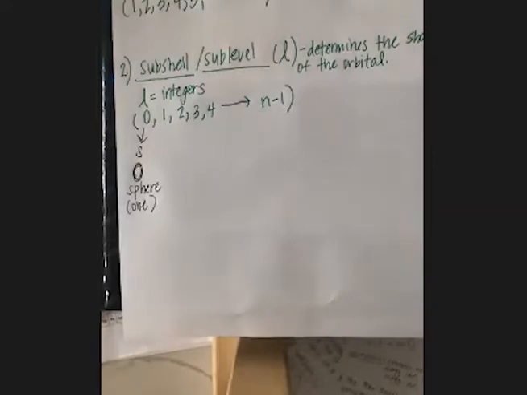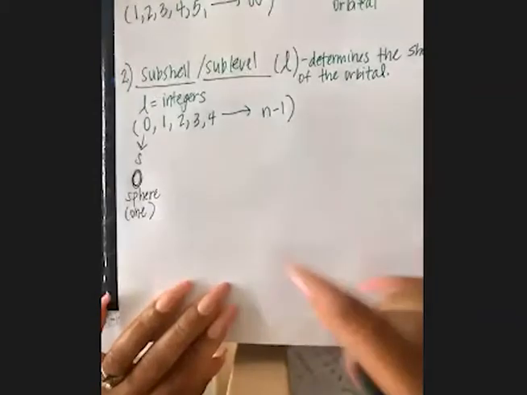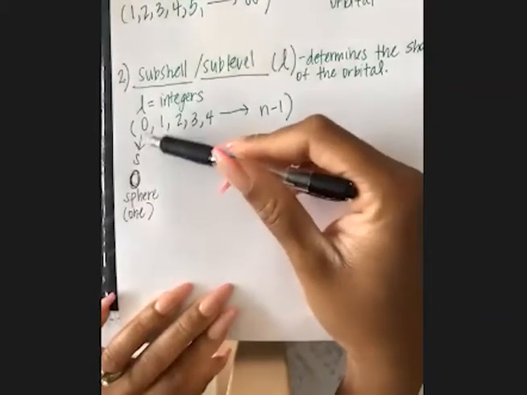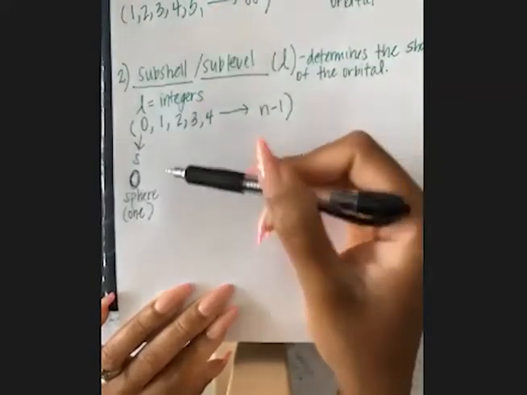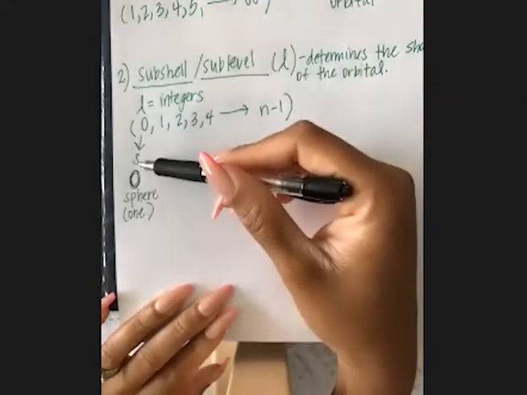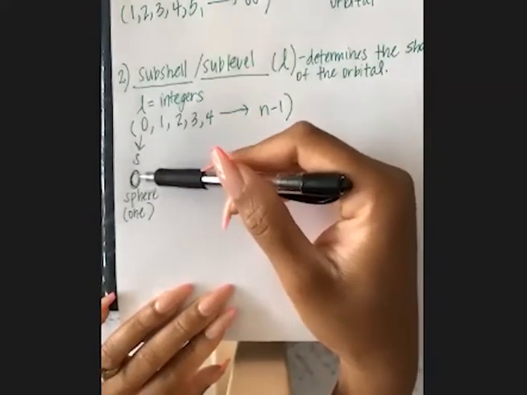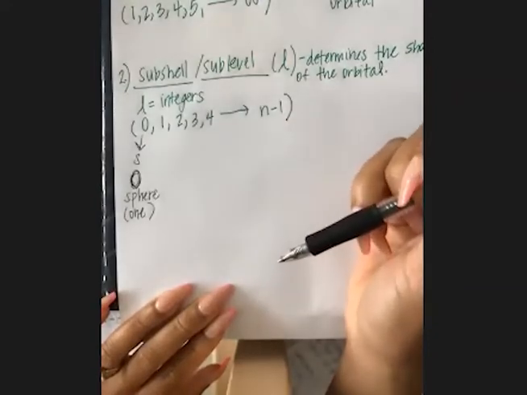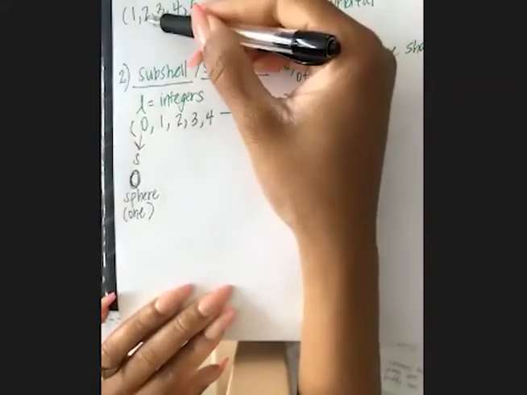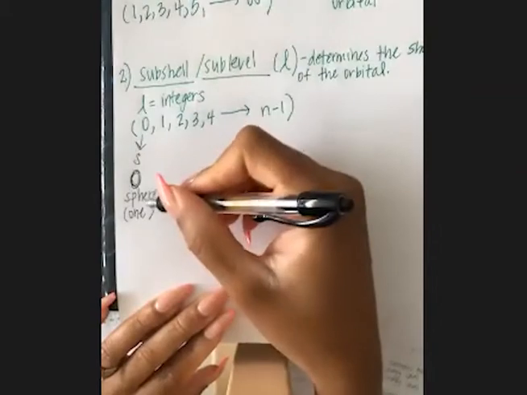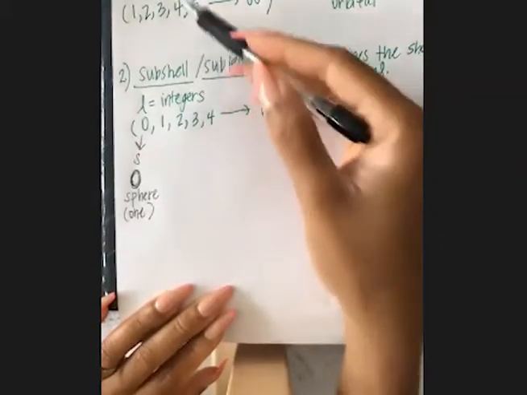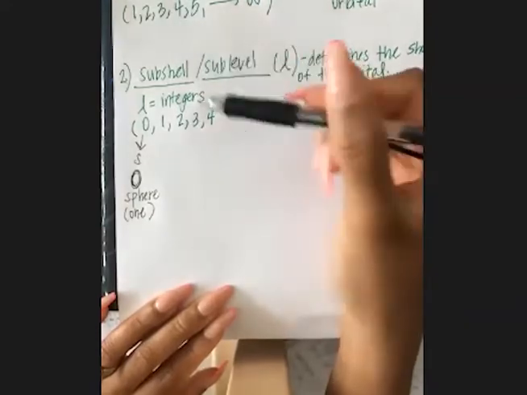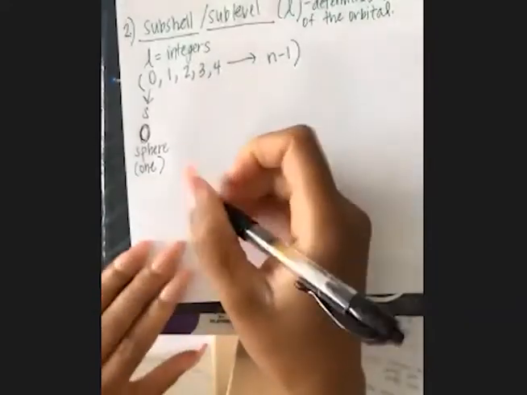So meaning, if I'm in energy level 1, I can say that there's only one S sphere-shaped orbital. If I'm in energy level 2, there's only one sphere-shaped orbital in energy level 2. In energy level 3, there's only one sphere-shaped orbital in energy level 3.